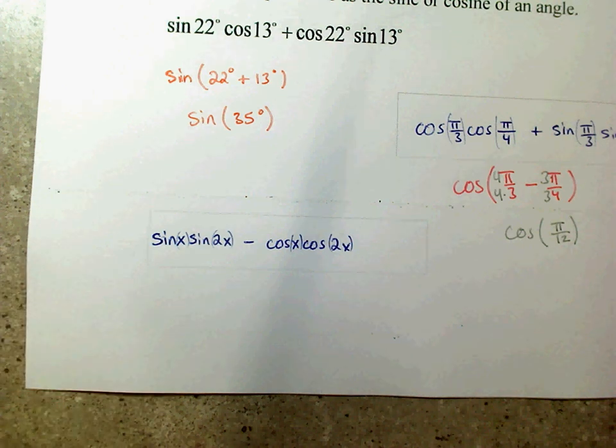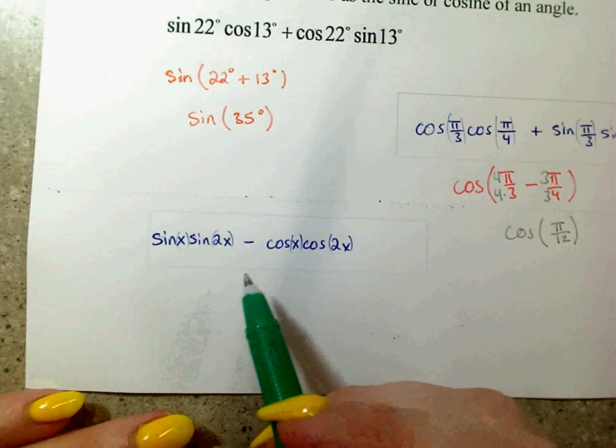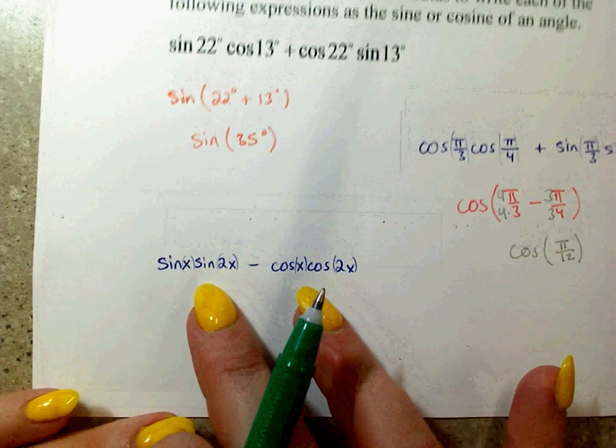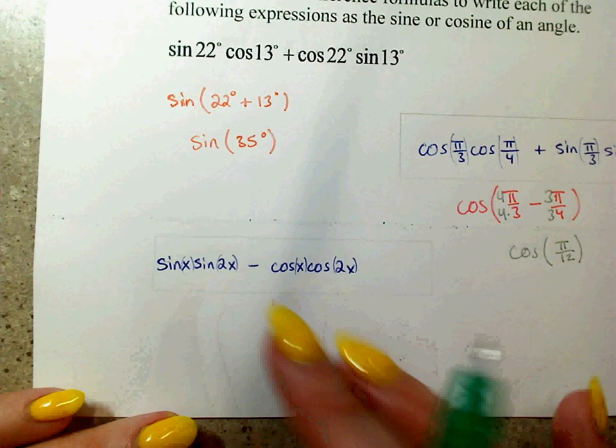What I'm going to do is rewrite this in the order that I know it should be in. I know it's cosine, cosine, plus or minus sine, sine, for a sum or difference of angles.